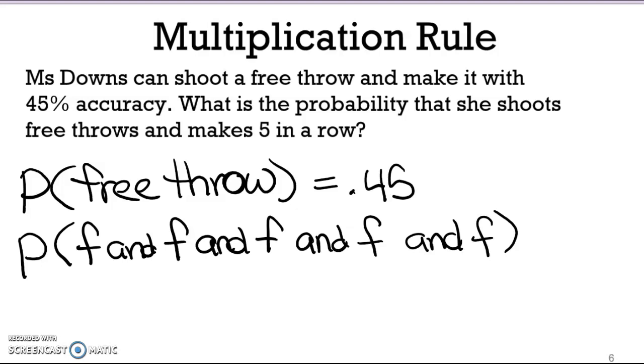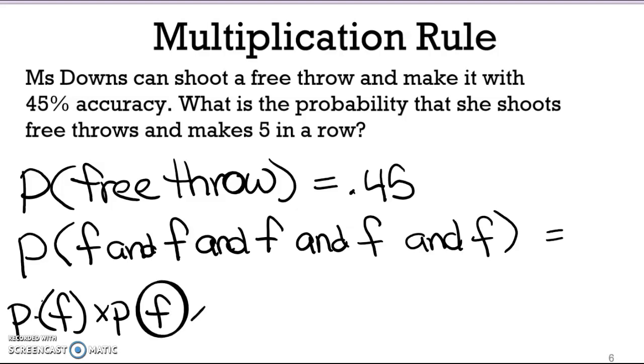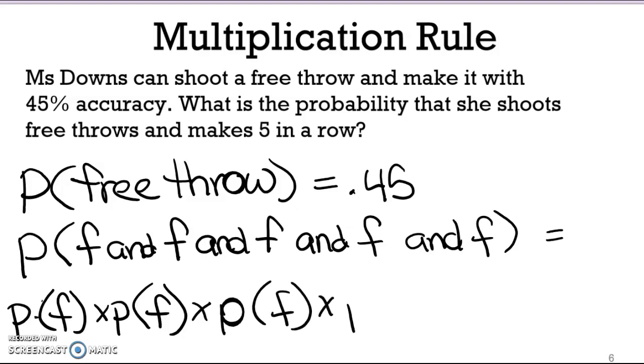which means these are independent events, which means I'm multiplying the probability of getting a free throw the first time times the probability of getting a free throw the second time, and we'll just do this 5 times.